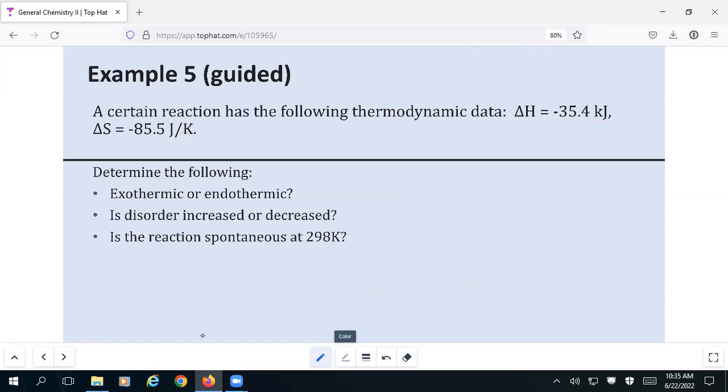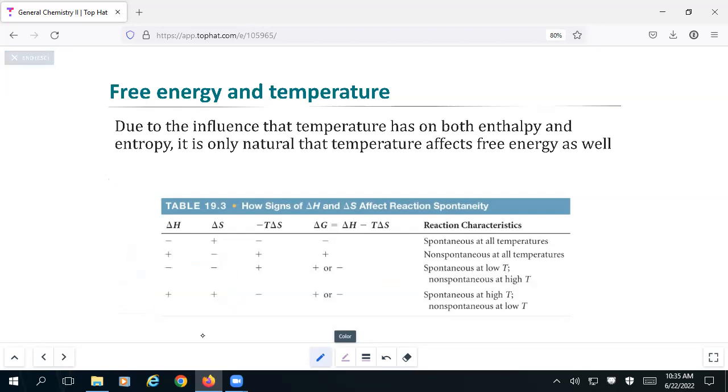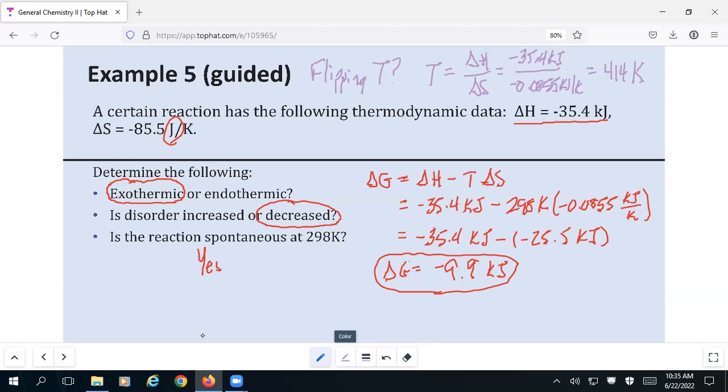We know from this table that the reaction is going to be spontaneous at low temperatures. What that table doesn't tell us is that low temperature and high temperature are relative values. What's low for one reaction might be high for another. That's why we have to do this calculation.